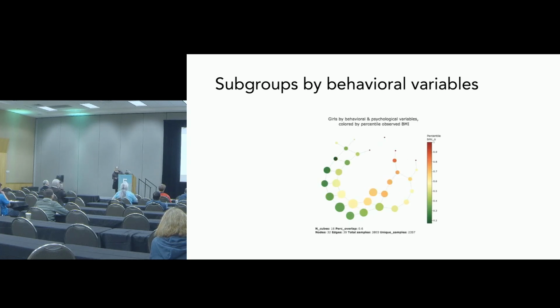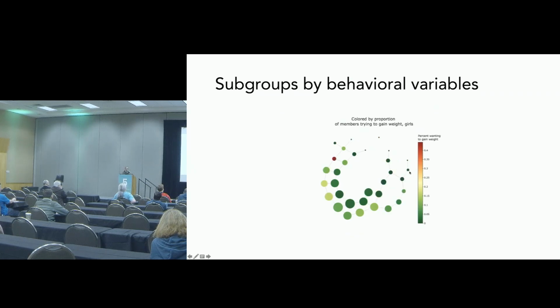So this is girls and percentile BMI. So there's a lower BMI backbone again and a higher BMI part of the backbone. And then this end is different than for girls and guys, somehow to me.